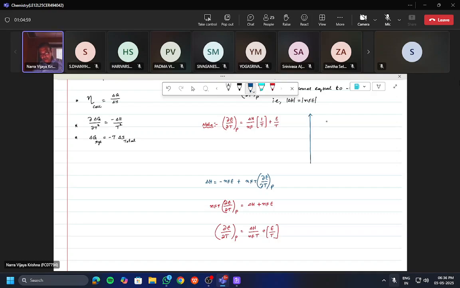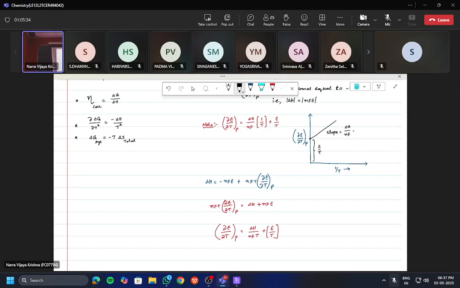If you plot a graph between ∂E/∂T at constant P versus 1 by T, then can I say intercept is equal to E by T and slope equal to delta H upon nF?